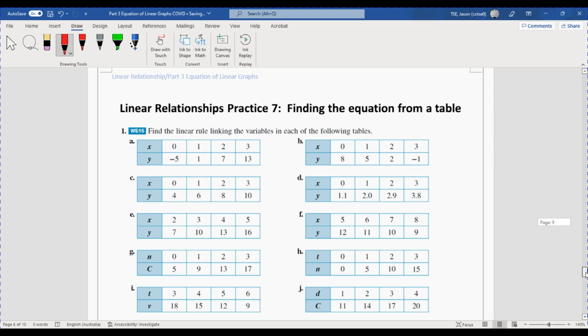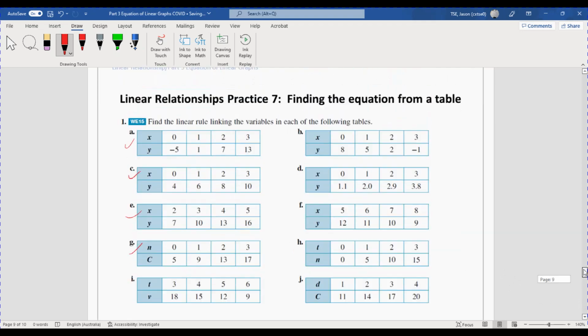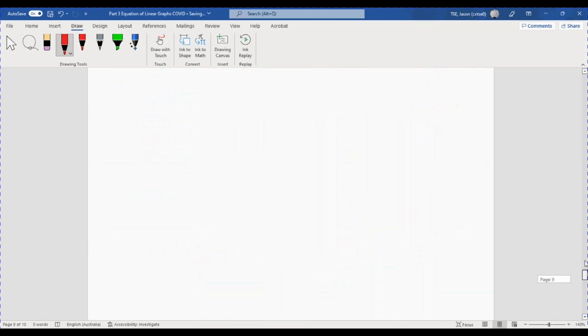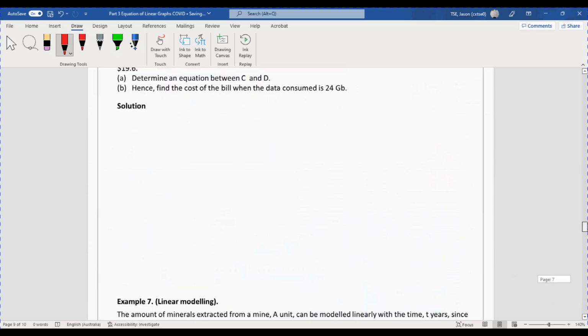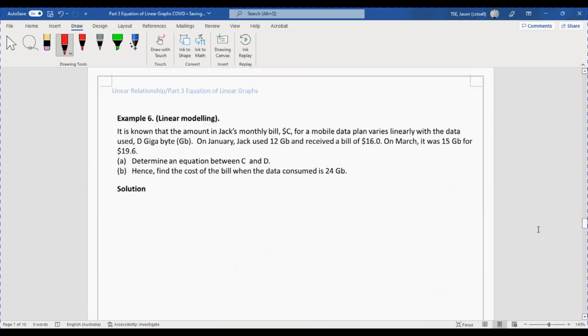Then we can pause the video for you now, and you can work on some of the questions in that Practice 7. Once you think tables are fine, then in my video, I just continue with the modeling questions. They are more interesting. Okay, that's what I'm going to do.